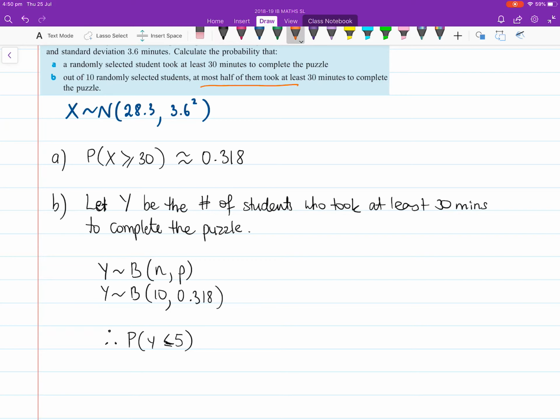So at most half of them, that's 5 students, right? At most, so that means it has to be less than or equal to 5. Does that make sense? Yeah, because at most 5, not more than 5 kids. And if you do that on the calculator, you should get about 0.938.